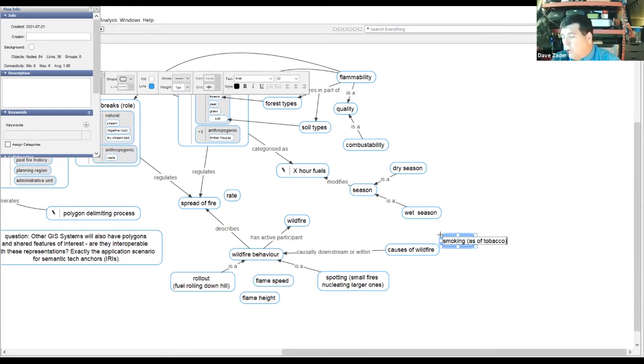Probably the most common cause is transient campers, our homeless and transient population that come through and are sleeping in the woods. Those people tend to create warming fires or cooking fires, and oftentimes those are our most common sources of ignitions.